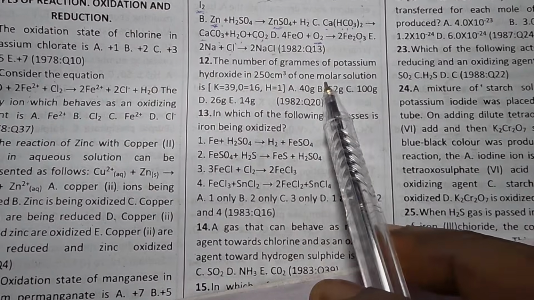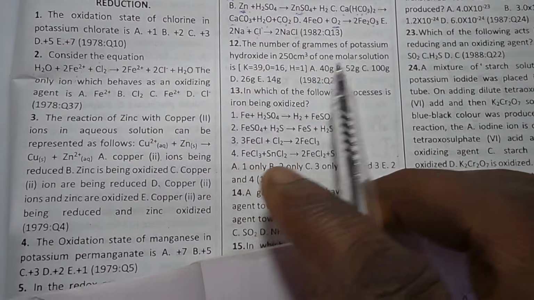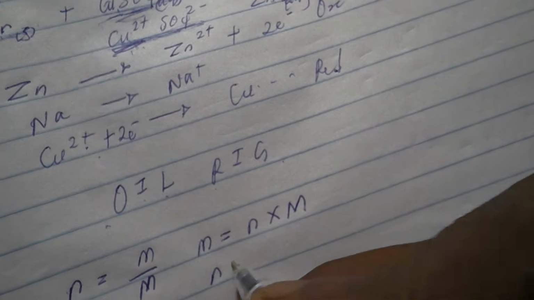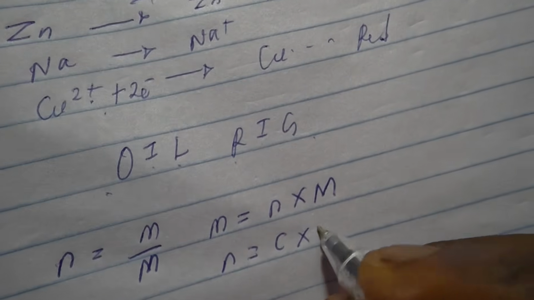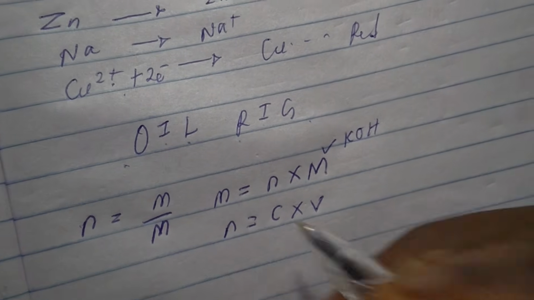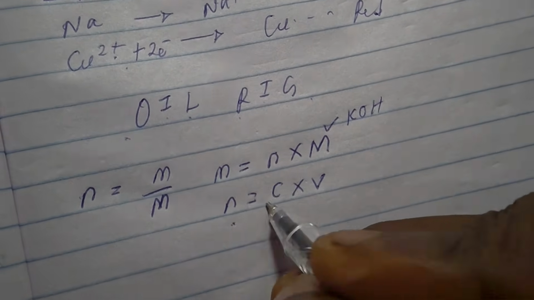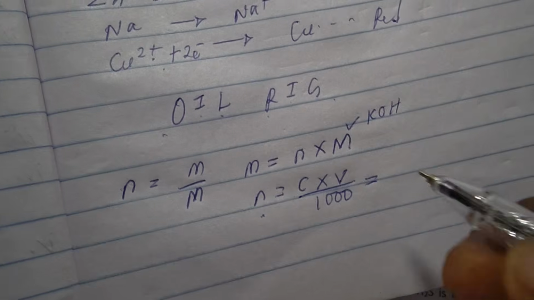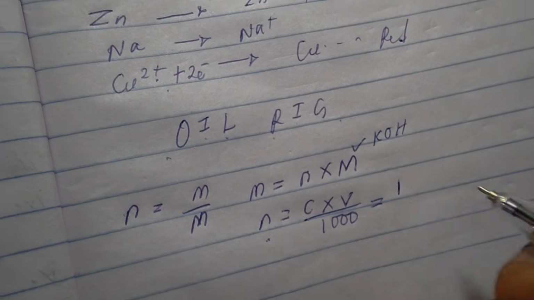So in 250 cm cube of 1 molar, they give us the volume, they give us the concentration. So you can say that number of mole is equal to concentration times volume. You just calculate the molar mass of potassium hydroxide. So you now calculate the number of mole, which is concentration times volume over 1000, because that volume is in cm cube, and your concentration is given as 1 molar.